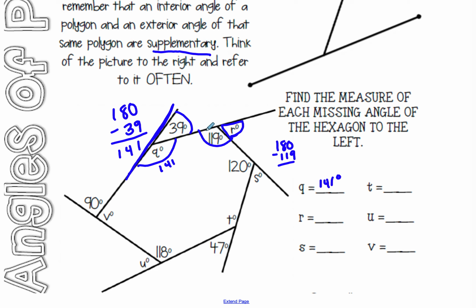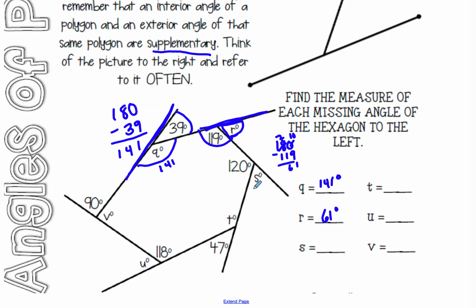That's because these two form a straight line. They're supplementary. So 10 minus 9 is 1, 7 minus 1 is 6, 1 minus 1 is 0. So I'm left with 61 degrees.